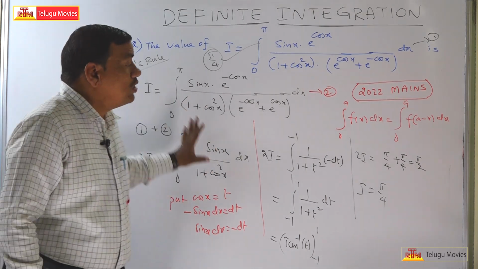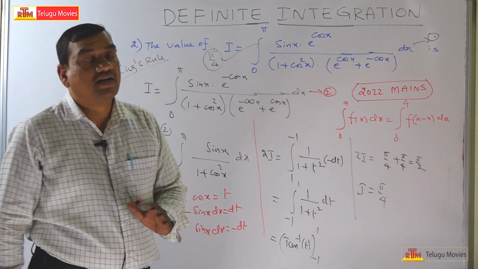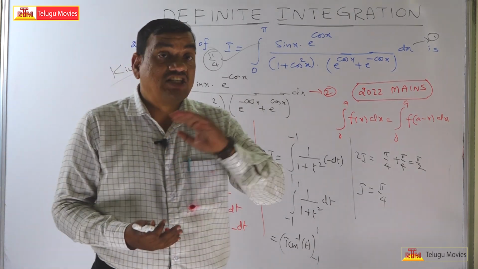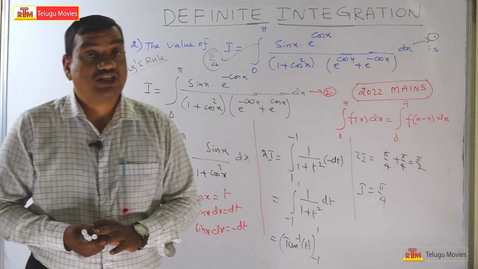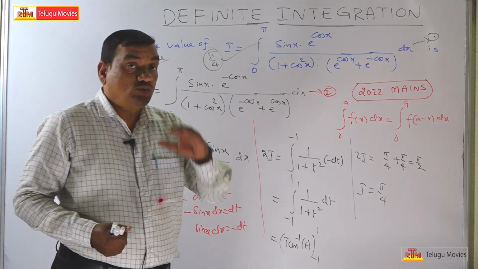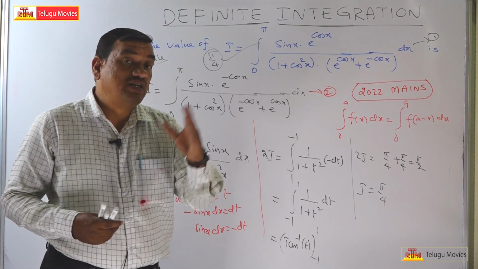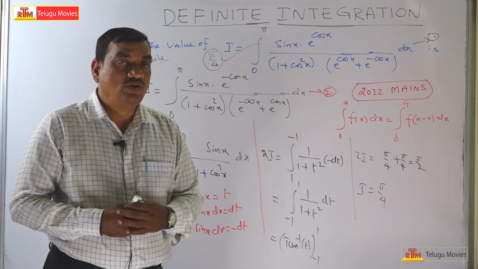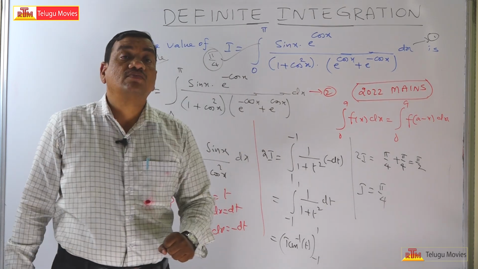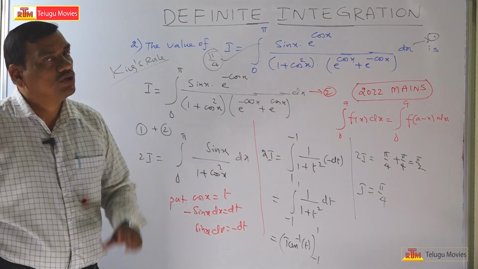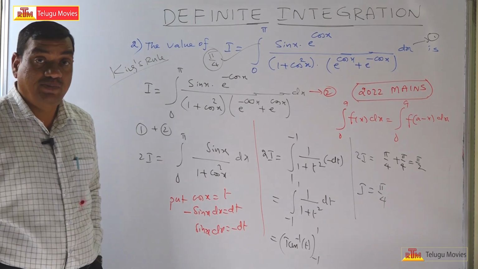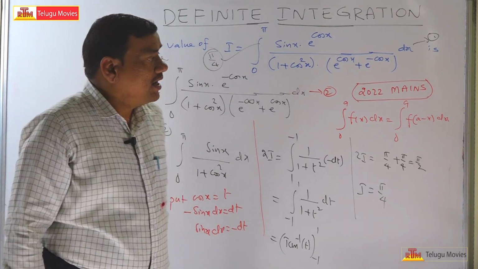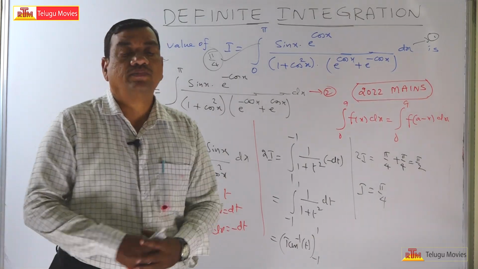If you solve this type of problems, you can get a respectable score. Some students are even getting negative scores. So if you concentrate more on this type of problems, definitely you will get a respectable score. Right, now let us see the next problem.